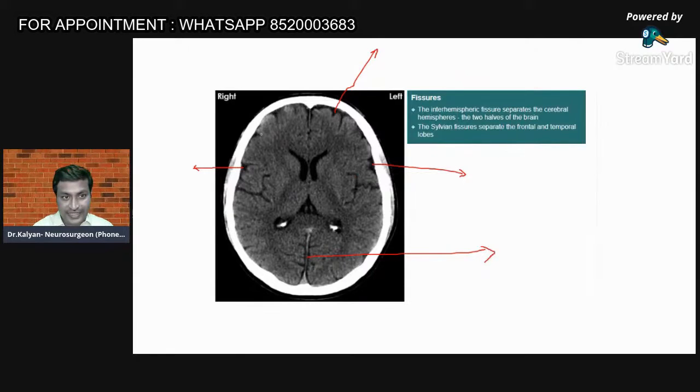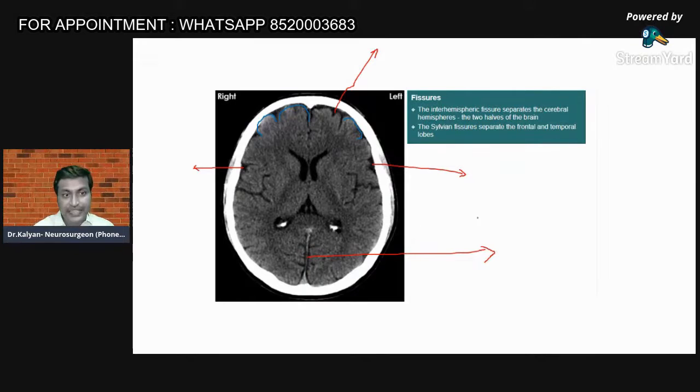These are the red structures and I'm drawing the blue structures also. So what are the red structures and what are the blue structures? Right. The red structures are CSF-filled spaces which are known as sulci. And the blue ones are mountain-like things, convolutions, which are known as the gyri.